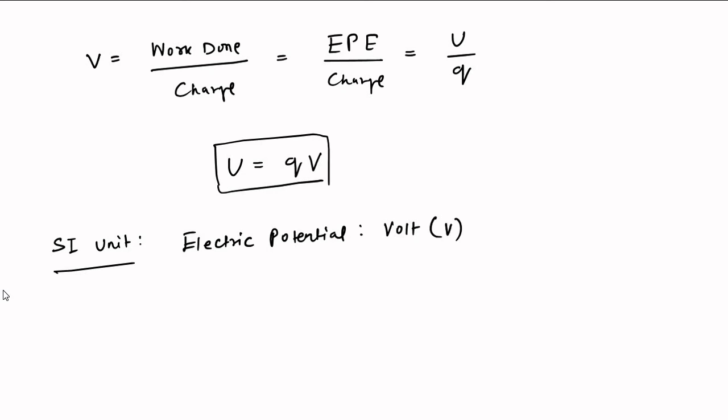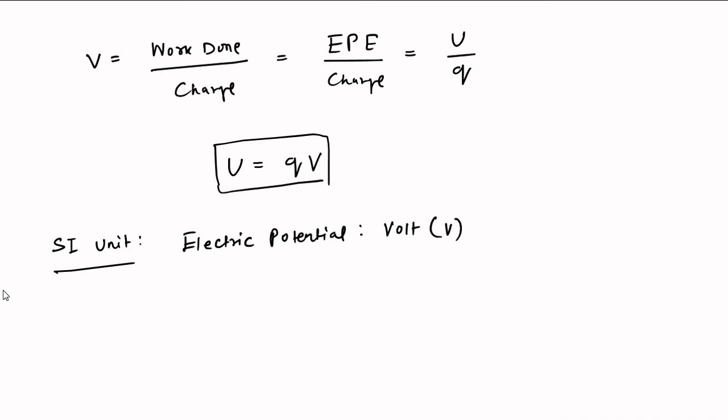So this means that for the SI unit of electric potential, 1 volt means 1 joule of work is done to move a charge of 1 coulomb against the electrostatic force.